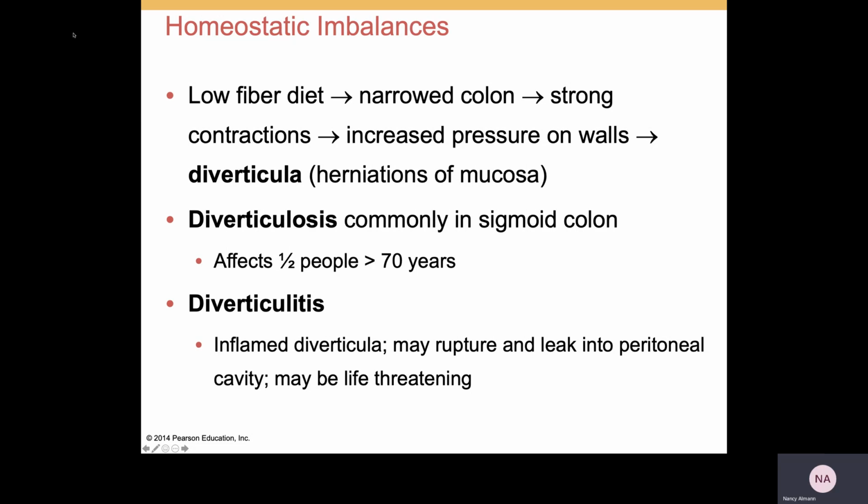And diverticulitis is a dangerous form of diverticulosis because the diverticula become inflamed and they may rupture and leak into the abdomen and be life-threatening. You might end up with peritonitis.